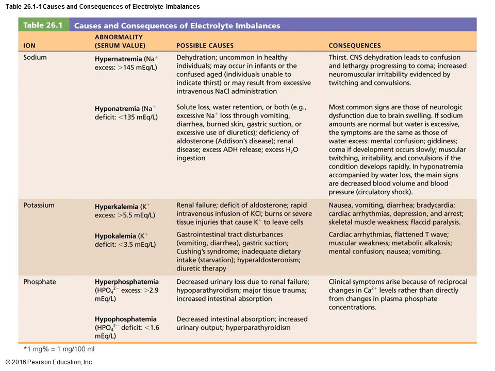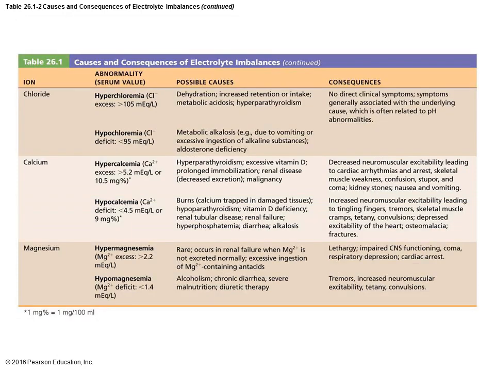The major electrolytes that we're looking at on this chart are sodium, potassium, and phosphate, and it's showing the abnormal conditions, too much versus too little, what the causes can be, and what some of the consequences can be. So this is a good chart to look at. And then it continues on with chloride, calcium, and magnesium.